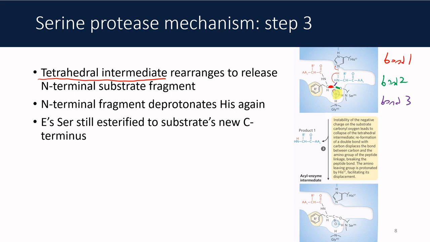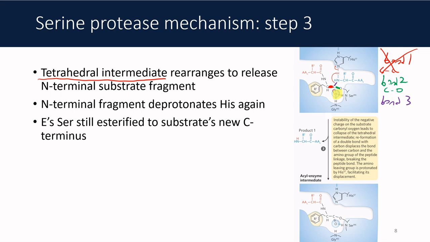Well, bond 1 is a carbon-carbon bond, which are very stable. If you break that, you're going to form a primary carbanion, which is very unlikely. So that's not the bond that we end up breaking. And bond number 2, that's the bond between carbon and oxygen. If we break that, we're going to reform our serine alkoxide.